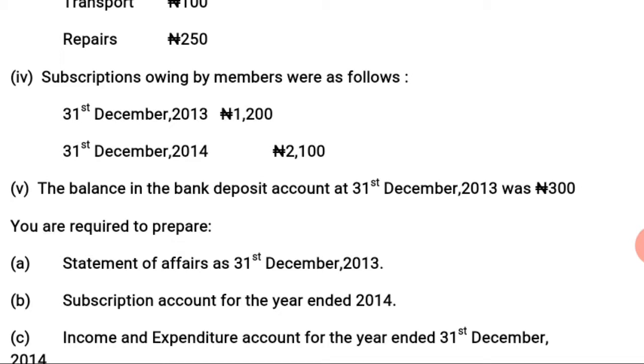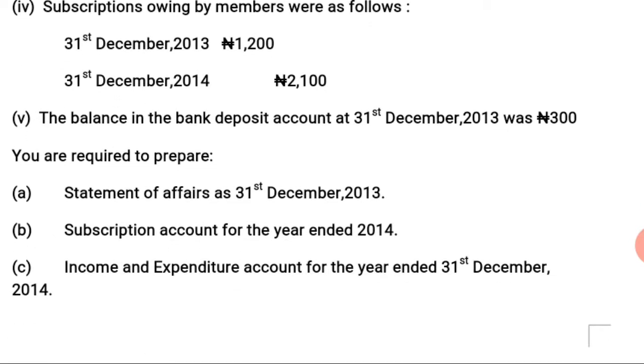But for 2014, the subscription that is yet to be collected for the current year 2014 was 2,100 naira. Additional information 5 says that the balance in the bank deposit account as at 31st December 2013 was 3,000 naira.